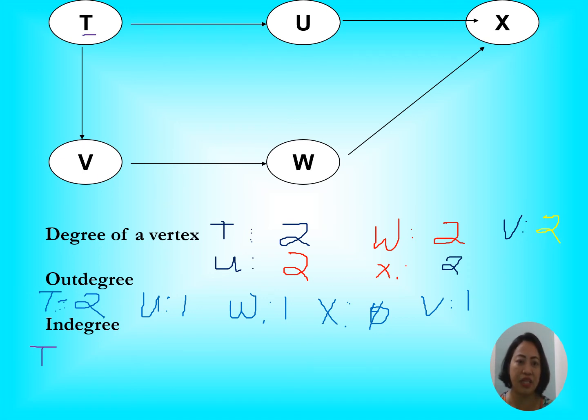Very good, there is none. So we have 0. What it has are only out degree. How about U? U has only 1 in degree.